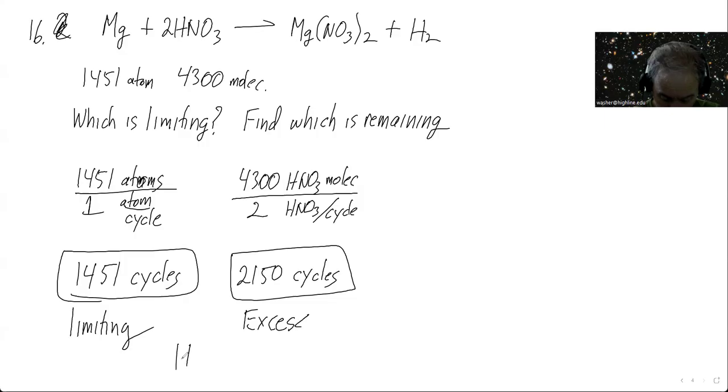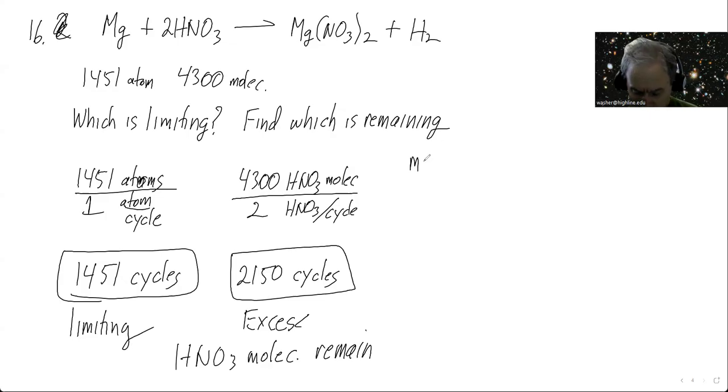Which means HNO3 molecules remain, right? And then we can figure out how many remain by figuring out that we're going to run the reaction 1451 cycles because that's limiting.